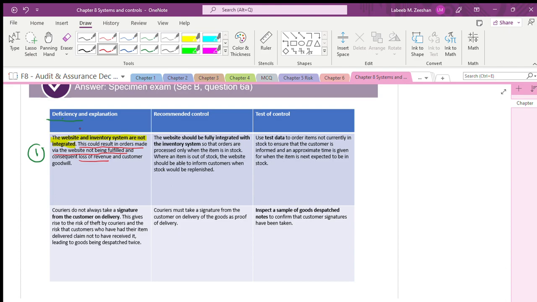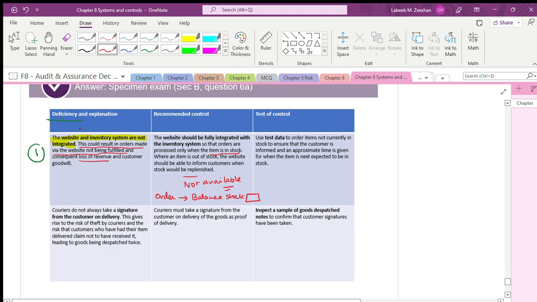So that orders are processed only where the item is in stock. When the item is out of stock, the website should be able to inform the customer that it is not available. Whenever there is an order, the balance stock should be displayed.